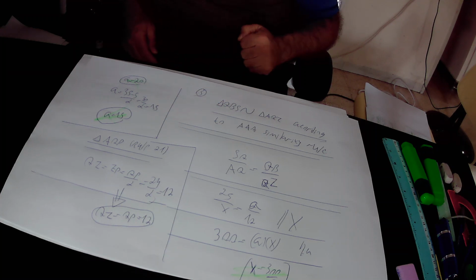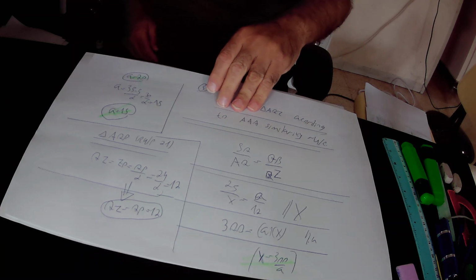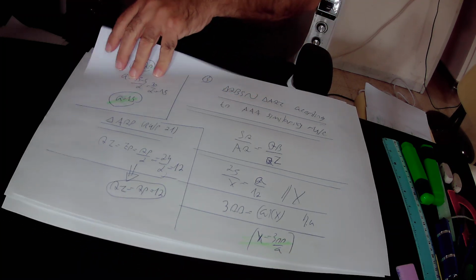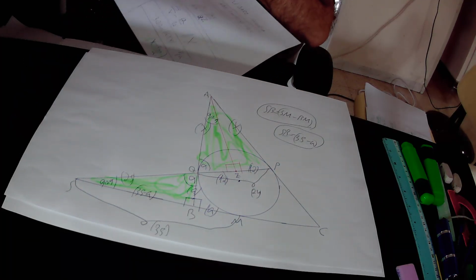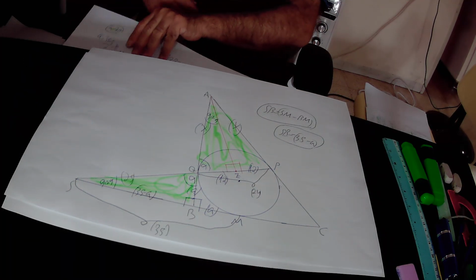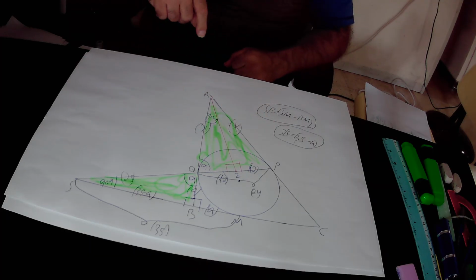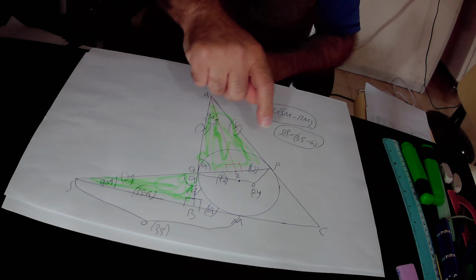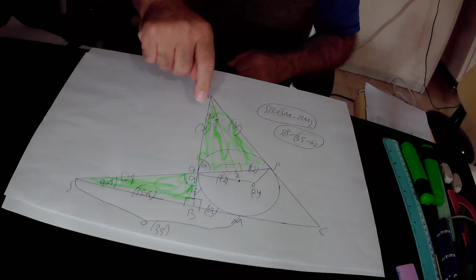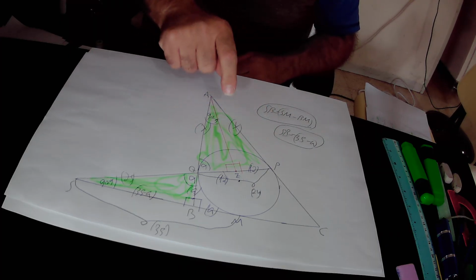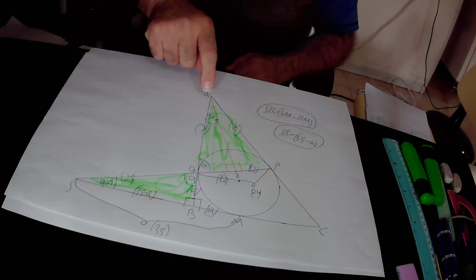In the next step, we focus on this green triangle AQP. The green triangle AQP is an isosceles triangle because AQ equals AP. QP is of course the base of this isosceles triangle.